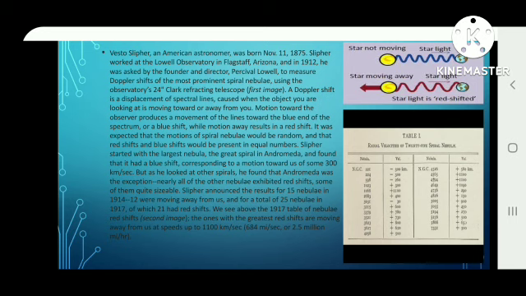The ones with the greatest redshifts are moving away from us at speeds up to 1,100 kilometers per second. That is equivalent to 684 miles per second or 2.5 million miles per hour.